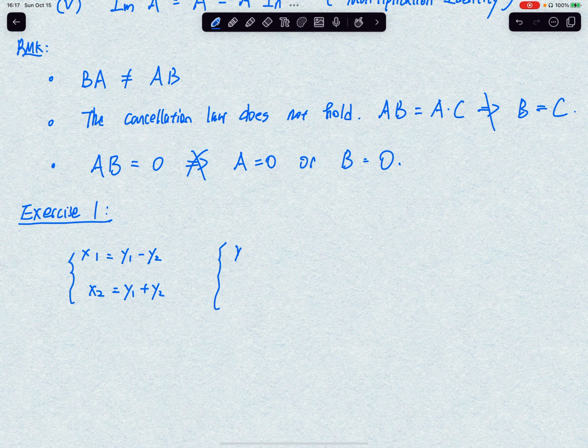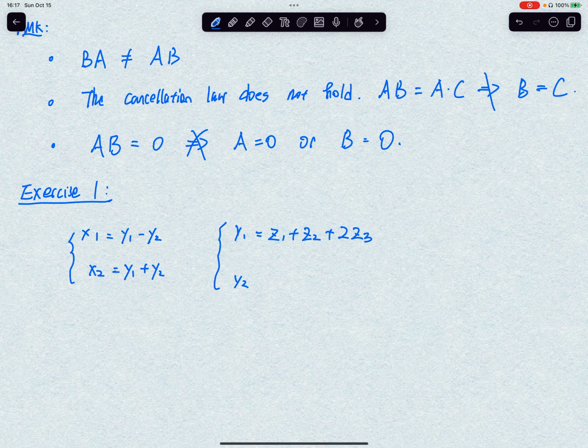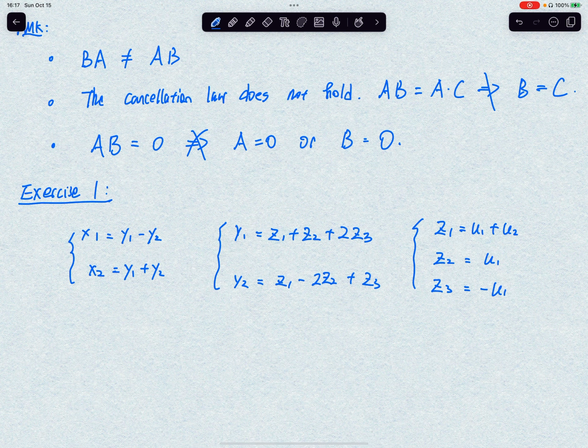And we have another, y1 equals z1 plus z2 plus 2z3, sorry, let me write it in a more clear way. And y2 equals z1 minus 2z2 plus z3. And we have, lastly, z1 equals u1 plus u2, and z2 equals u1, while z3 equals minus u1 plus u2.